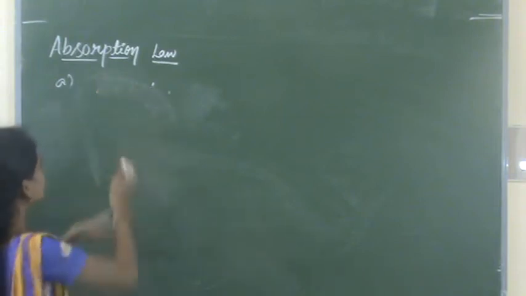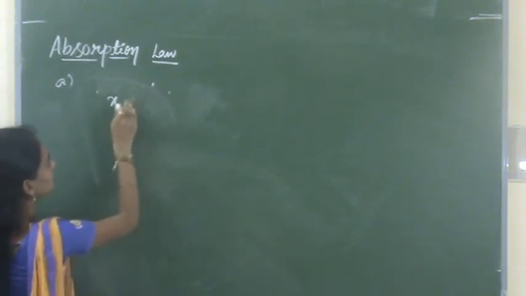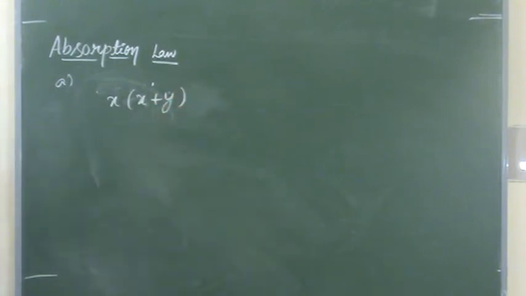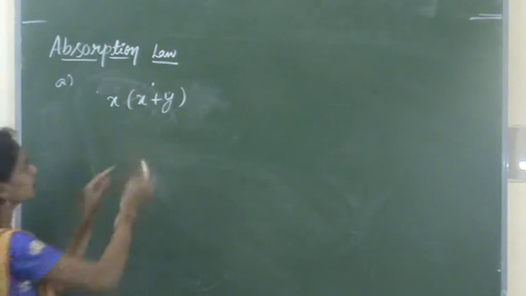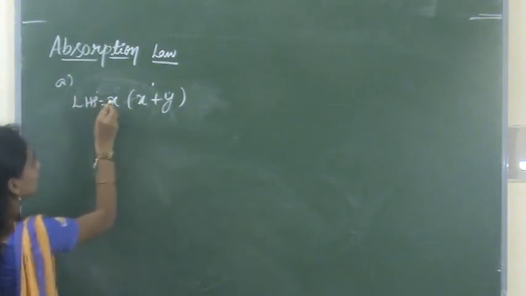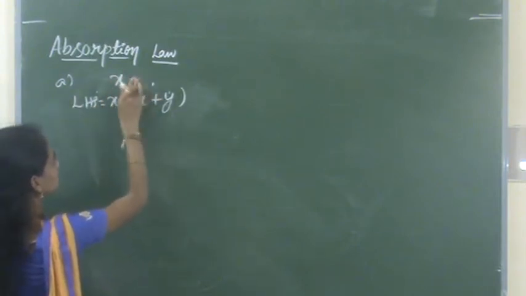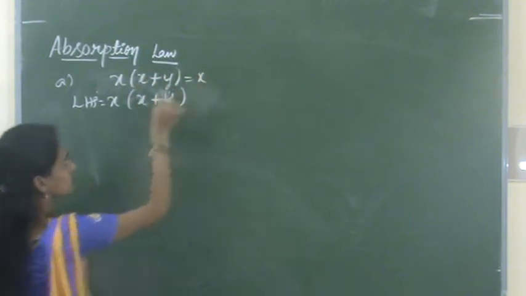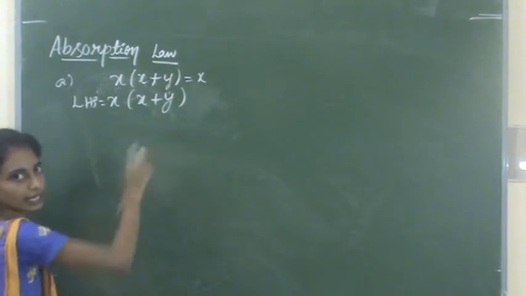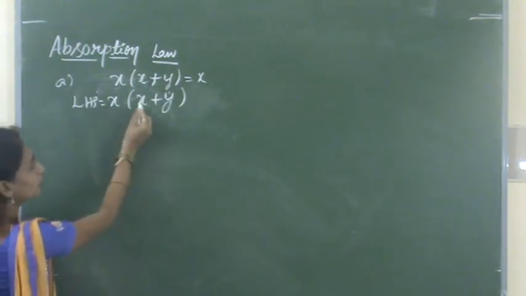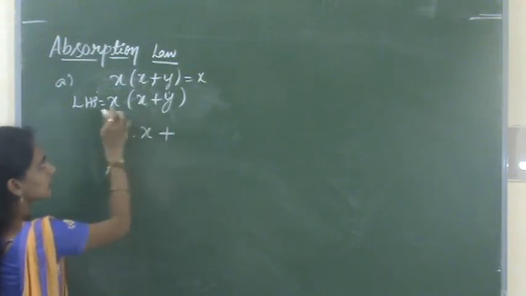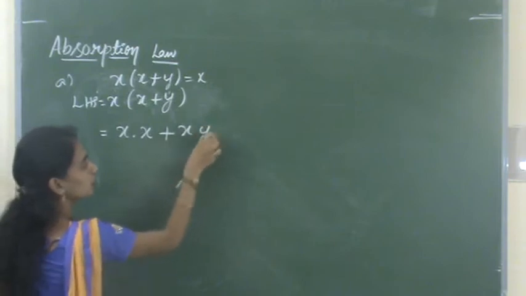So first we have x into (x plus y), and we have to multiply this, the LHS part. Multiplying x with each term, we get x into x plus x into y.